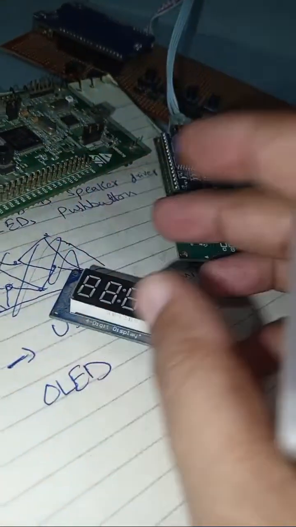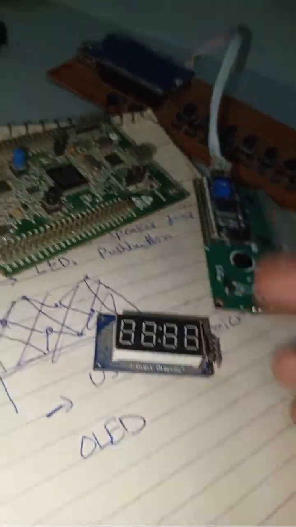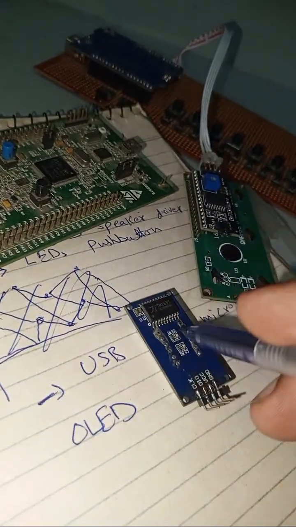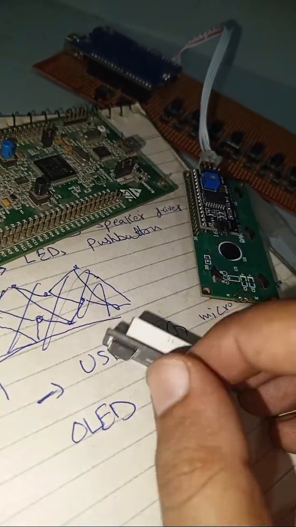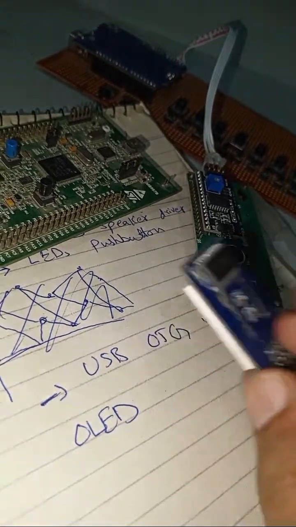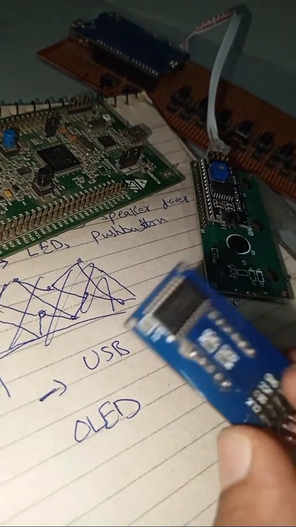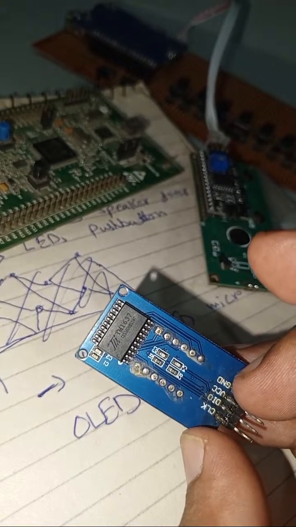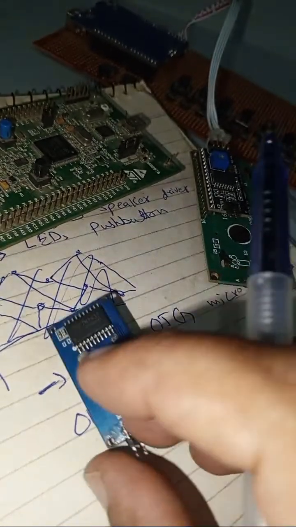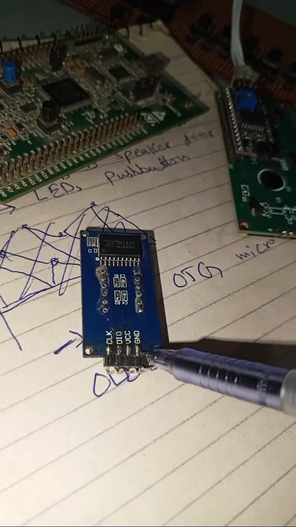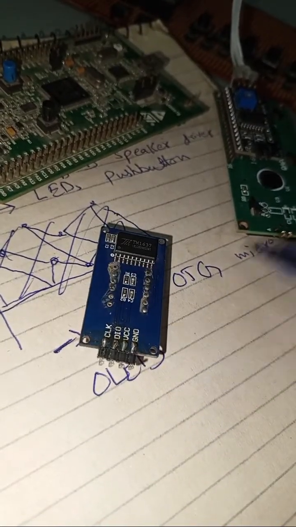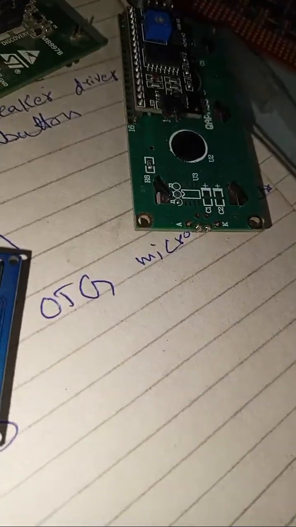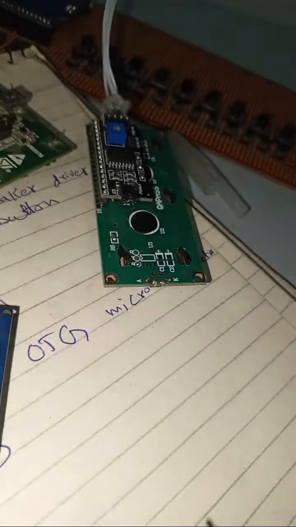We do have this 7-segment display as well to be used with this one, with the TM1637 chip, I think. Yeah, TM1637 chip. It only requires clock, DIO, VCC and ground. So this display option we do have.